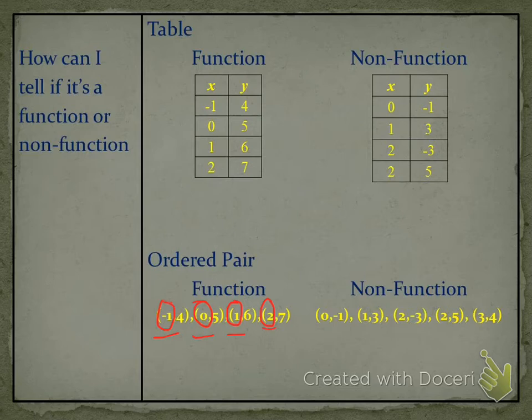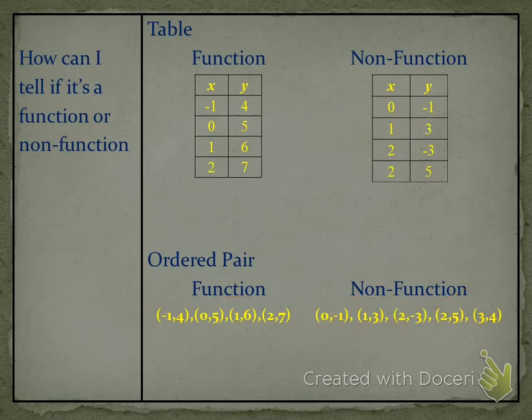They're all unique. So this is a function. I look down here at the x's, 0, 1, 2, 2, and 3. This 2 is repeating. So that makes it a non-function.